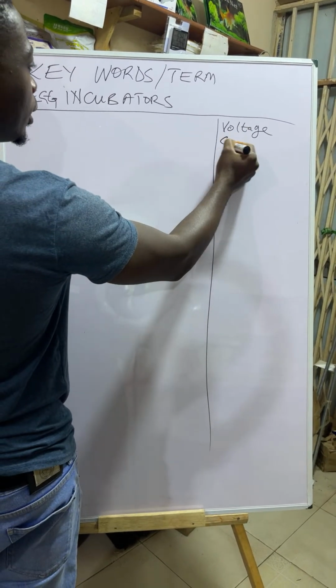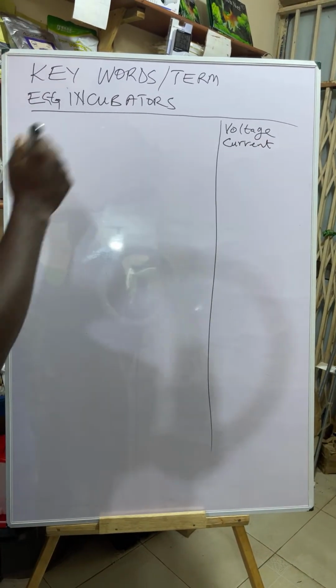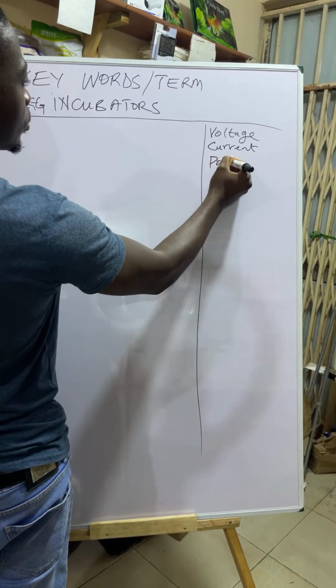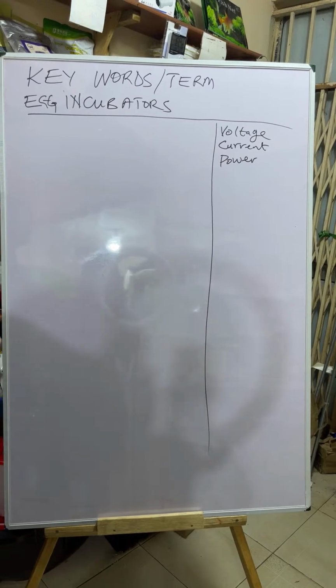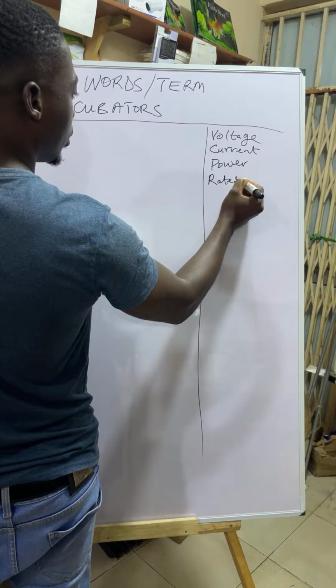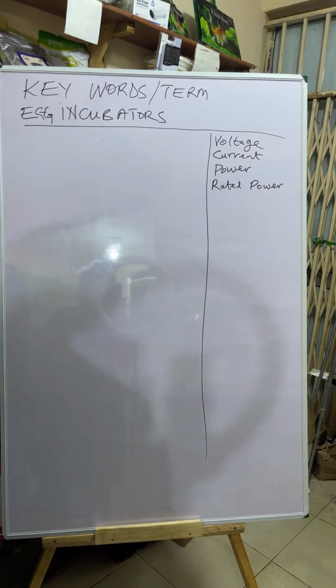We have current, like the current of electricity. Then we have power. So what is the power of the machine, and then we have rated power.